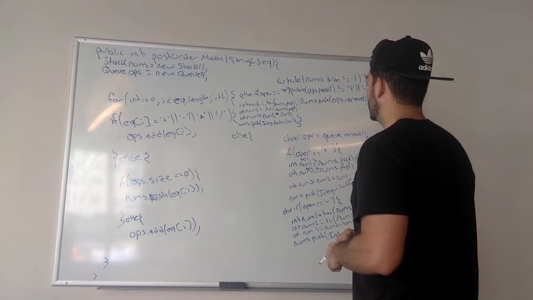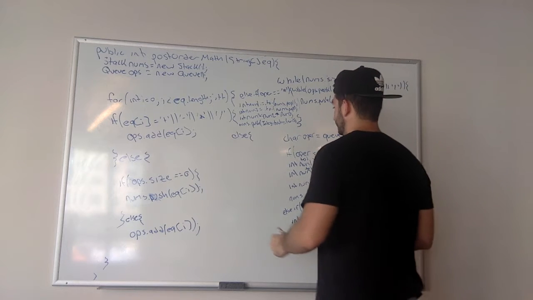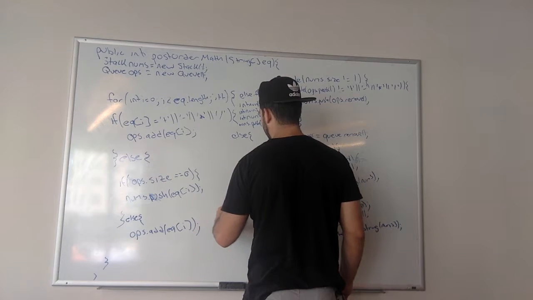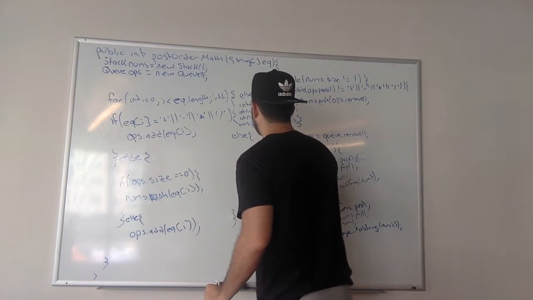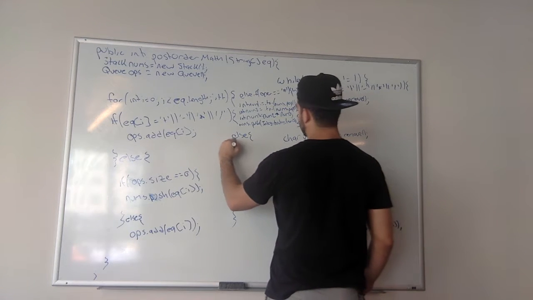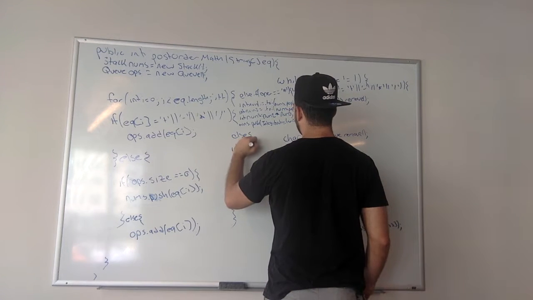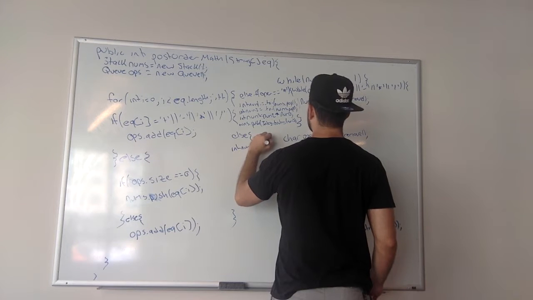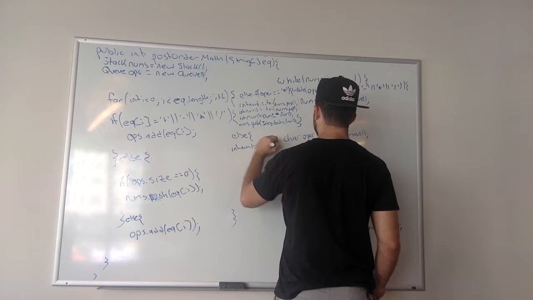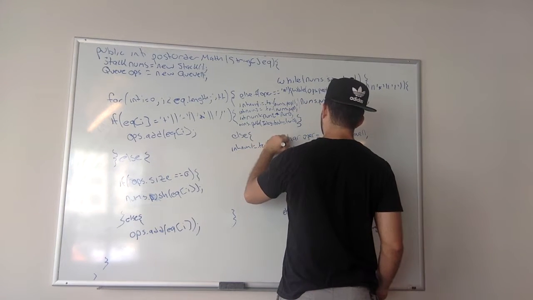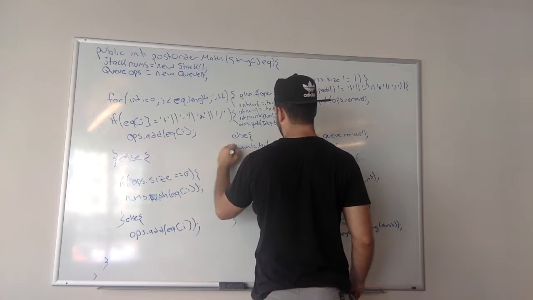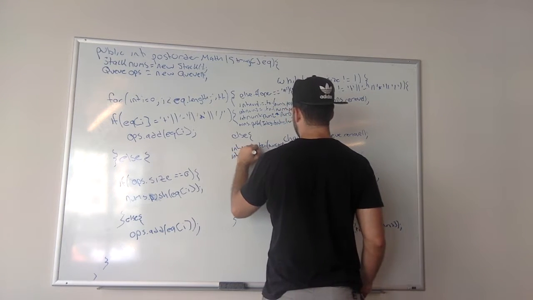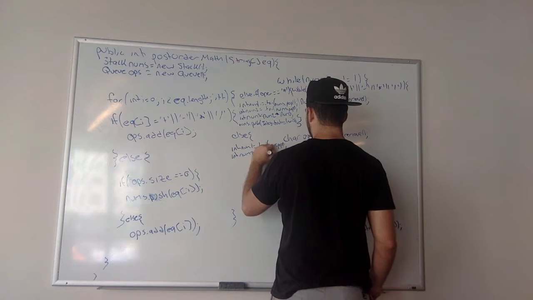So else, and then one last time, num1 string to integer, we're going to pop the top of the stack. Do it one more time for the second integer.